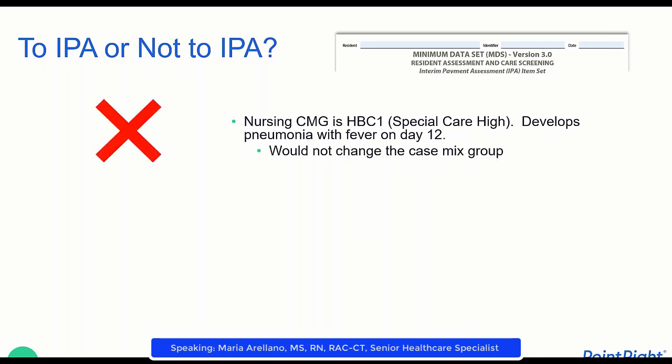I don't think so. You would not have a change in the case mix group because the pneumonia and the fever still is in that special care high category. Well, let's say that you did a COVID test and they came back positive and now you need to put them in isolation. This would definitely change that story, right? Okay, so there's certainly an example of something that could happen today.